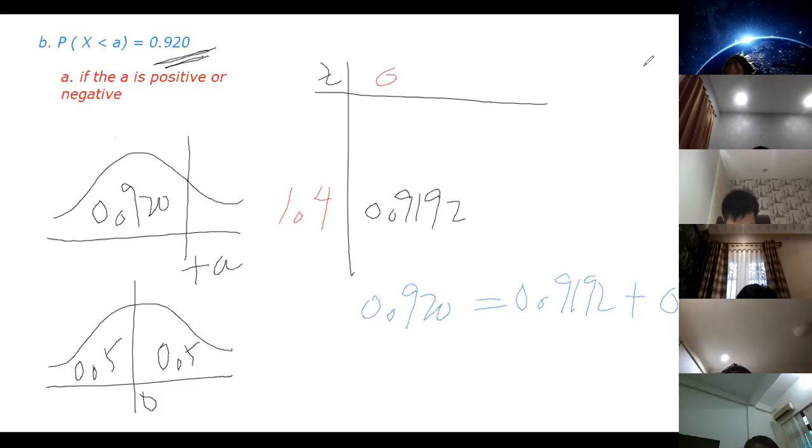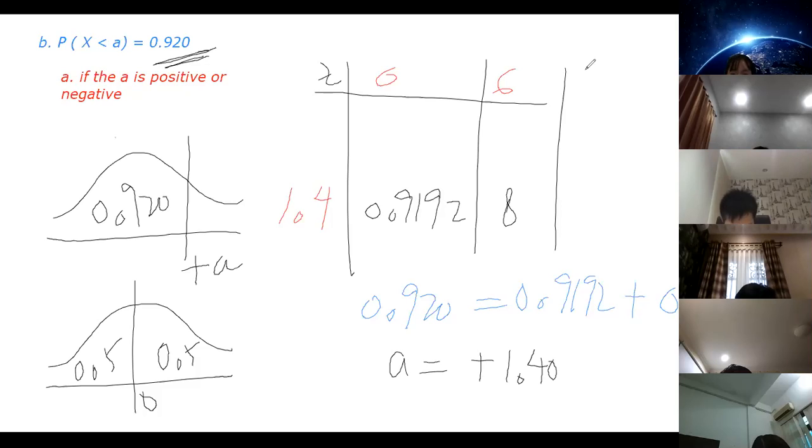Then you use the table again and you move to the right side. From the same row, you move to the right side and try to find the number 8. You have a number 8 and the top part is written as 6. So we have found the answer. The a value is positive 1.406.